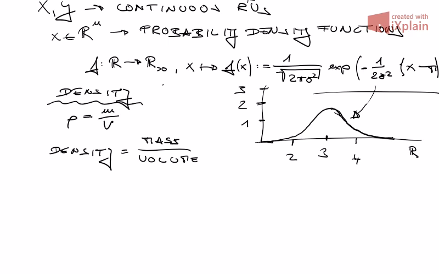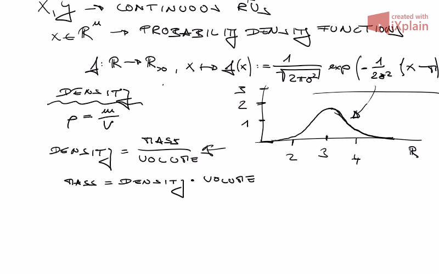And the most important thing is, if we ask ourselves, so what is the probability mass? Then, well, it's the density times the volume. So if I just multiply both sides of this equation by volume, we get mass equals density times volume.